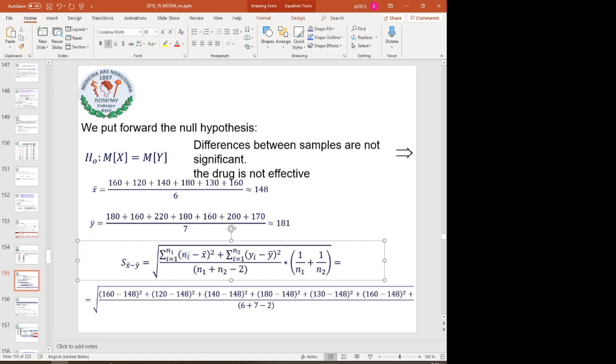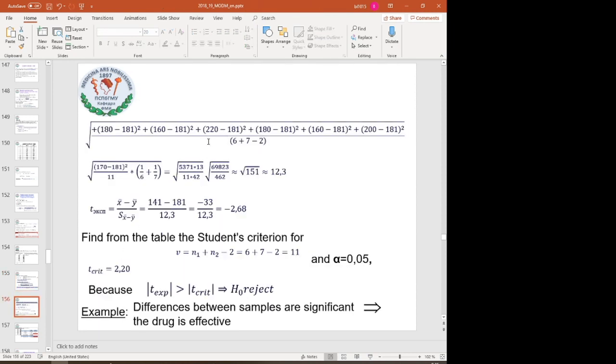So we subtract from each x the mean x, square it and summarize. The same is done for the second sample, and following this formula we calculate. After calculation, finally we get the standard error for two samples as 12.